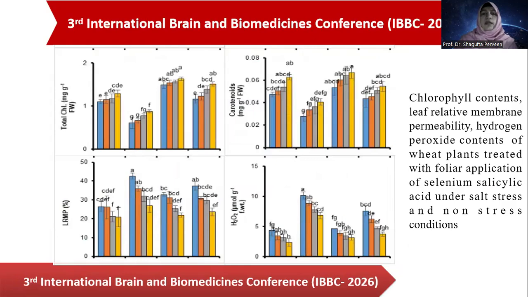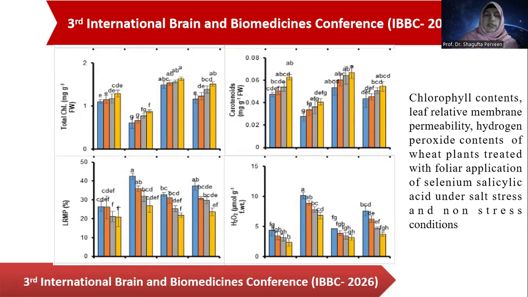Total chlorophyll and carotenoid contents decreased under salt stress in both wheat varieties, while the combined selenium and salicylic acid significantly enhanced the total chlorophyll and carotenoid contents in both wheat varieties. Leaf relative membrane permeability and hydrogen peroxide increased in both wheat varieties under salt stress.